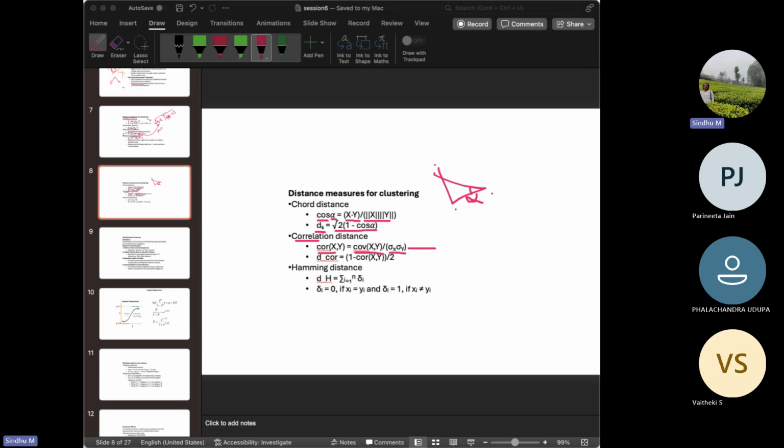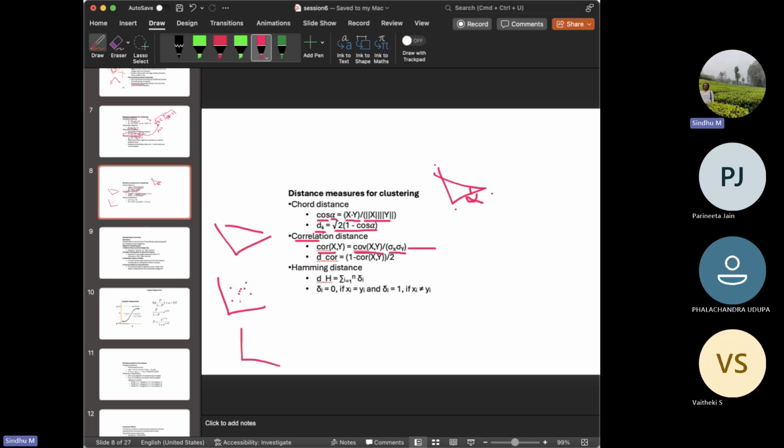So correlation is not from 0 to 1, it is from minus 1 to 1, because the two variables can be anti-correlated as well. Minus 1 means when x is increasing, y is decreasing. And 0 means there is no correlation, so the points are everywhere. This would be the 0 case. And 1 means when x is increasing, y is also increasing.